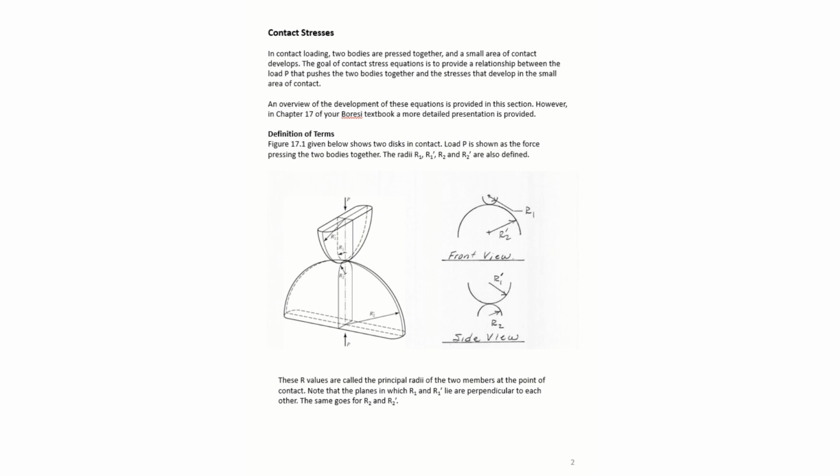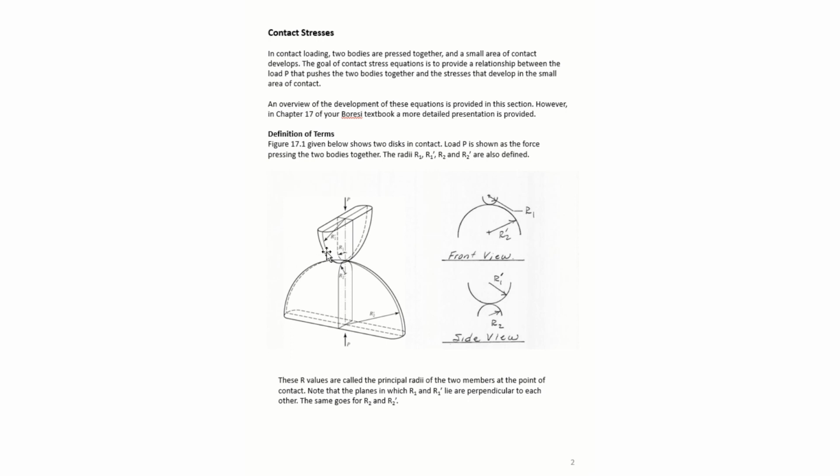One of the first things that we want to talk about is the nomenclature, and it's a little bit crazy in this chapter because there's lots of different terms that we'll use and talk about. And so I've built some summary tables to help us remember what these terms are. If we look at two bodies, like shown here, that are together and being pushed on, we have definitions of the radii.